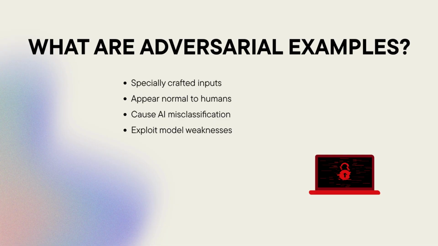However, to the model, these small modifications push the output in the wrong direction, leading to incorrect predictions. Essentially, adversarial examples exploit blind spots or weaknesses in the model's decision boundary, exposing how brittle some AI systems can be when facing carefully engineered attacks rather than natural data.